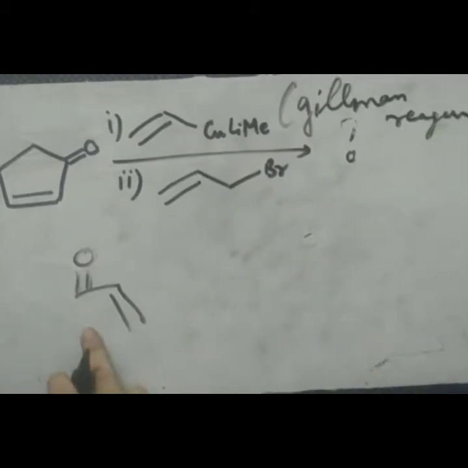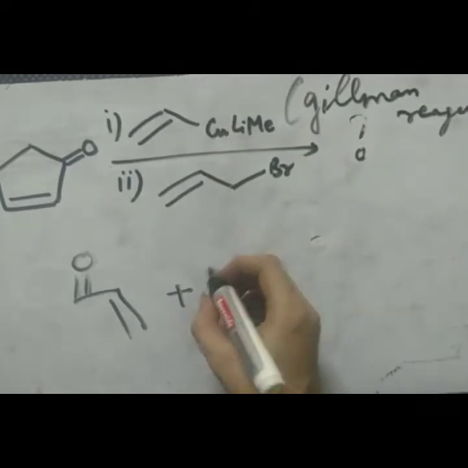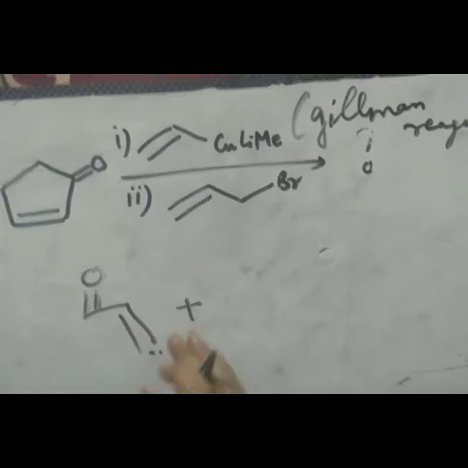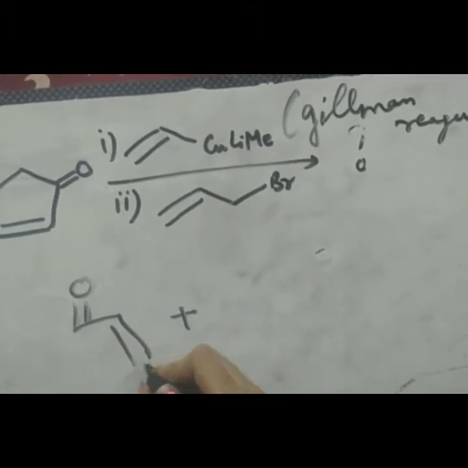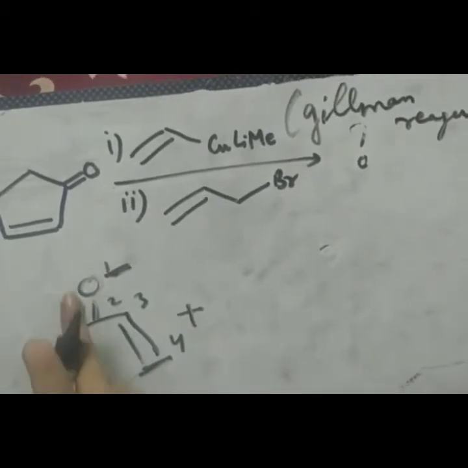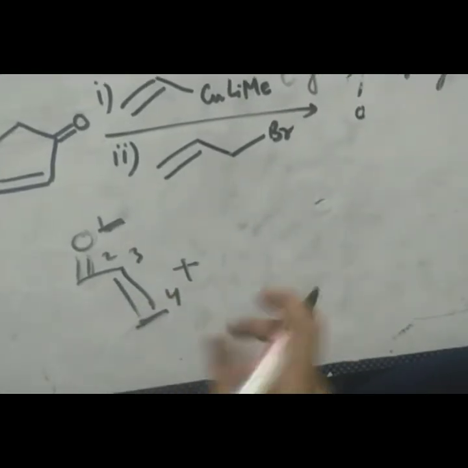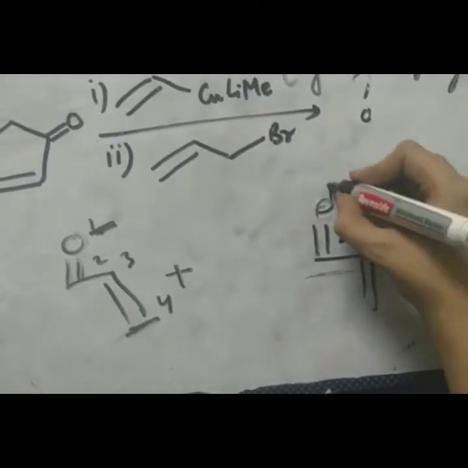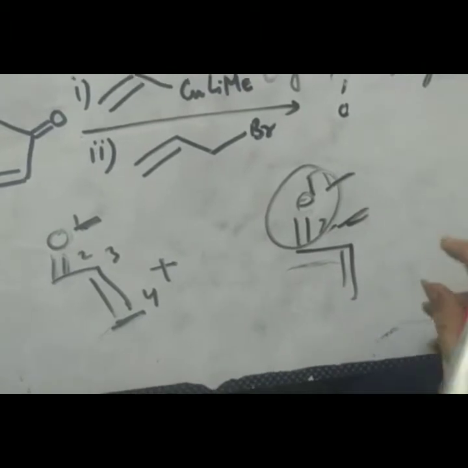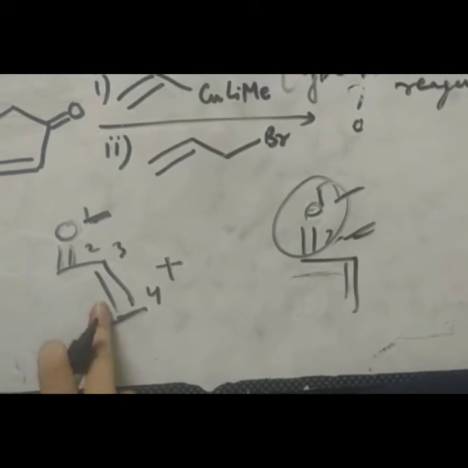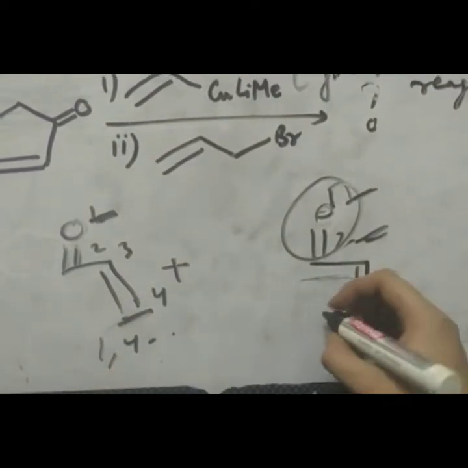In such a structure, we get two types of addition: 1,4 addition, that means something is attached at the first and fourth positions, or 1,2 addition, that means something is attached at the first and second positions. So how do we know which one favors 1,4 addition, that means Michael addition, and which one favors 1,2 addition?